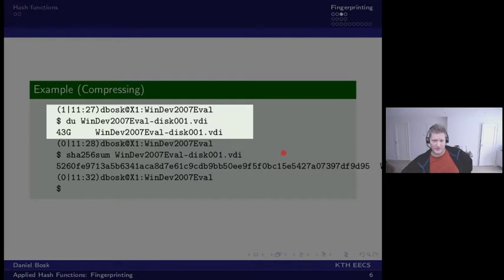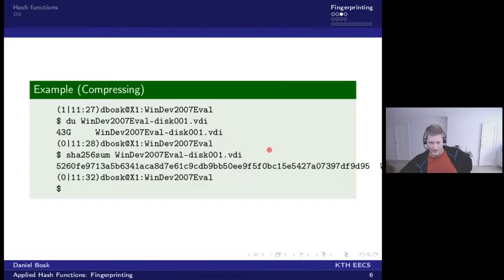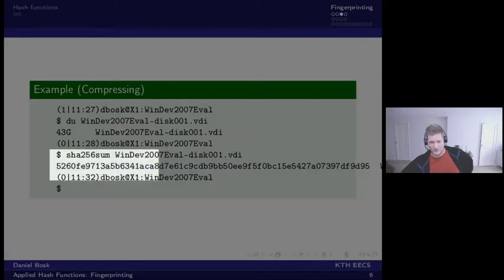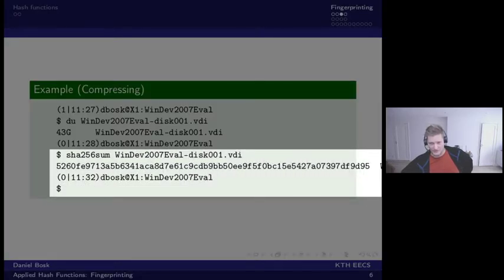So take these 43 gigabytes, and then we have a most probably unique fingerprint for it. And we can compute that with the SHA-256 hash function. If we do this, we see that it takes quite some time to go through all these 43 gigabytes of data and compute the hash, but out comes the hash value here for this VirtualBox disk image.